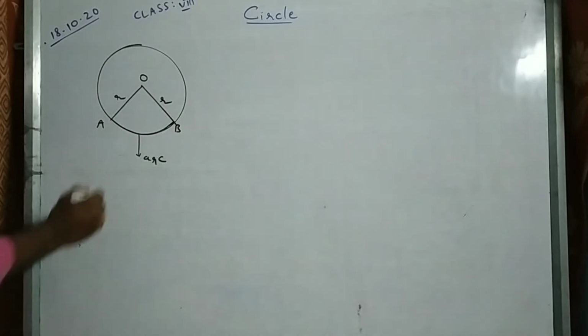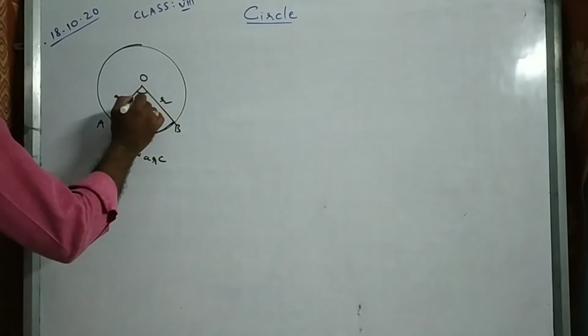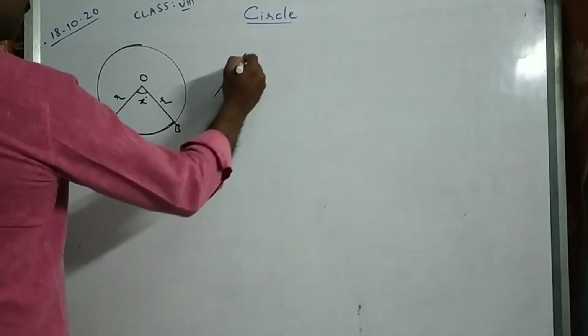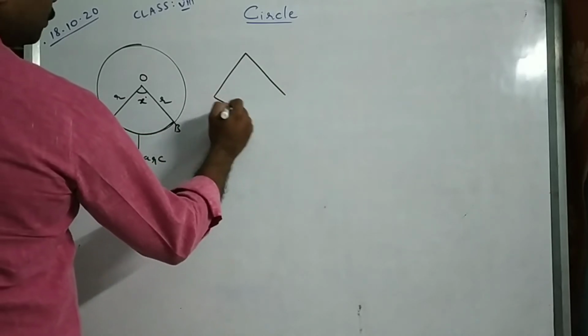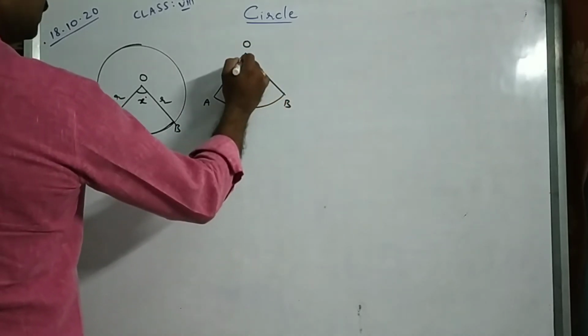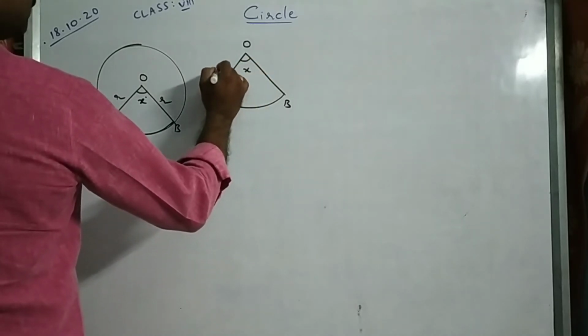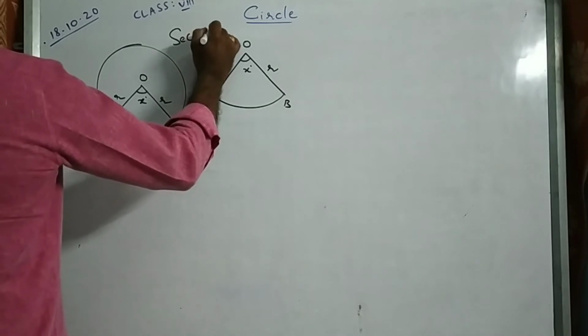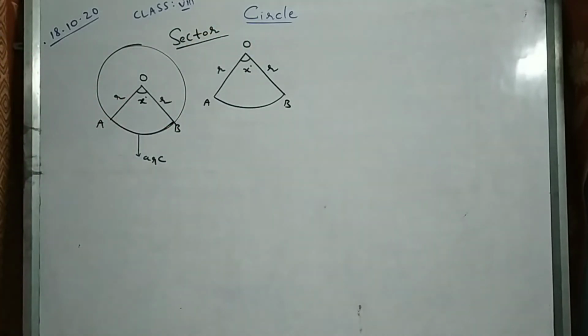Okay. This arc is making some angle here, x degrees. This OAB piece, if you separate it like this, is called a sector.